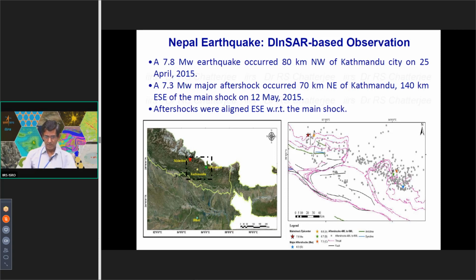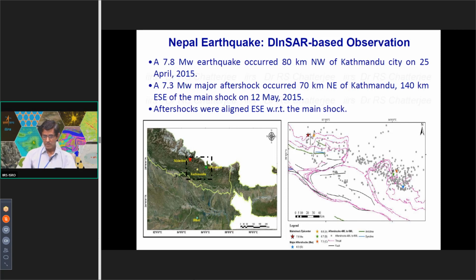Those were of magnitude maybe 3, 4, 5, but there were some earthquakes even greater than magnitude 6, like 6.3, 6.6, 6.7. Finally, there is a major aftershock that occurred very close to point C. You can see in the right illustration that another star is shown.